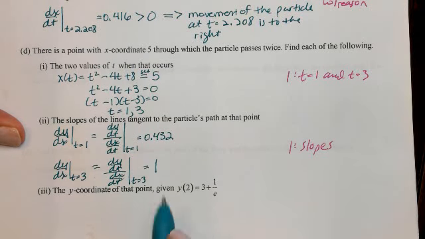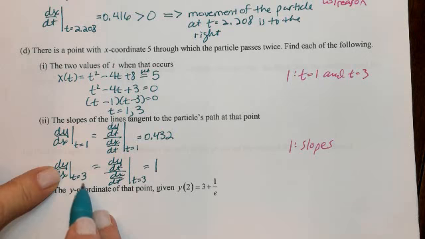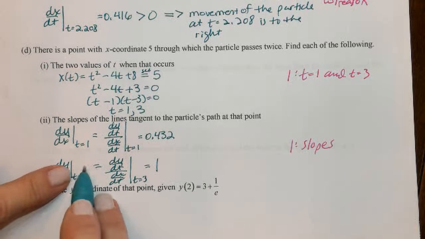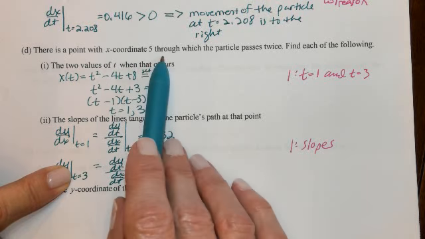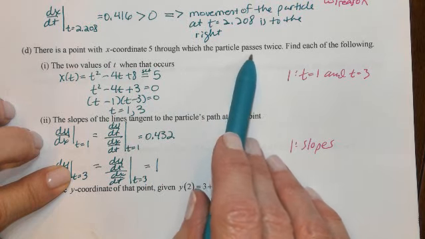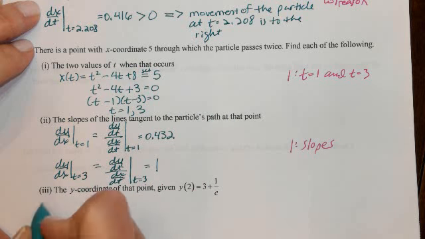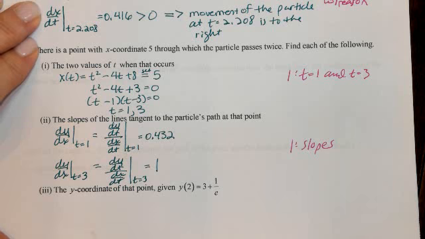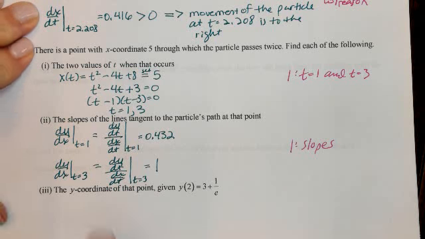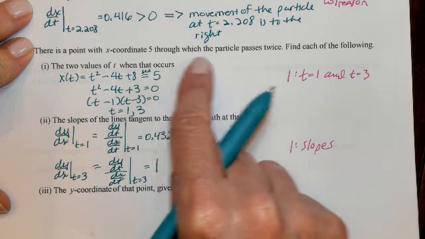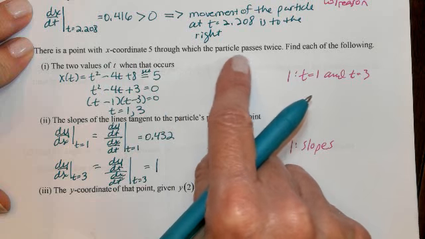So we want the y-coordinate at either time 1 or time 3 here. There's a point with x-coordinate 5 through which the particle passes twice. My question is, will those be the same? Is the point at time 1 the same as the point at time 3? And the answer is yes, they're the same, because it says that this particle passes through that point twice.